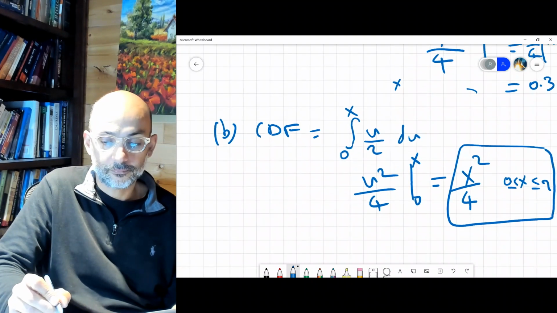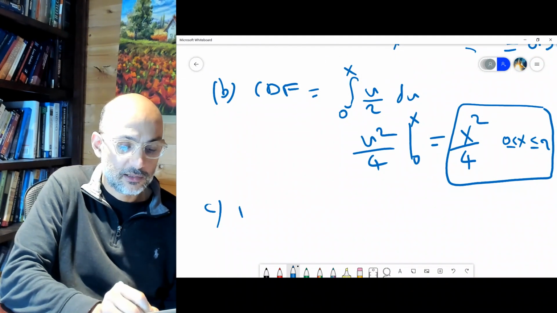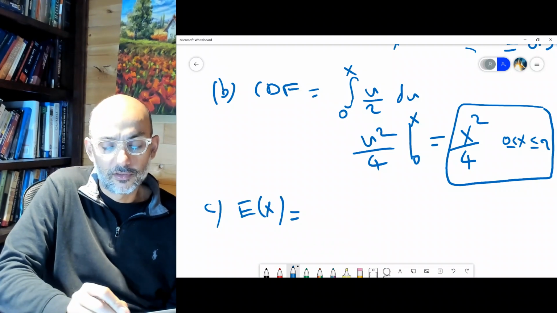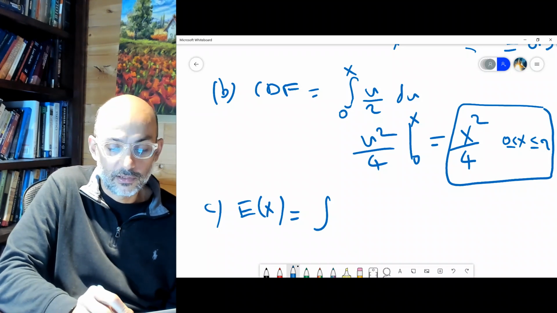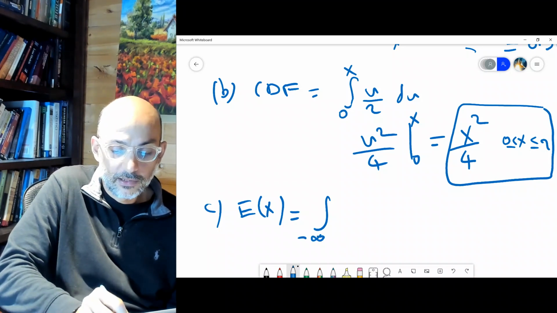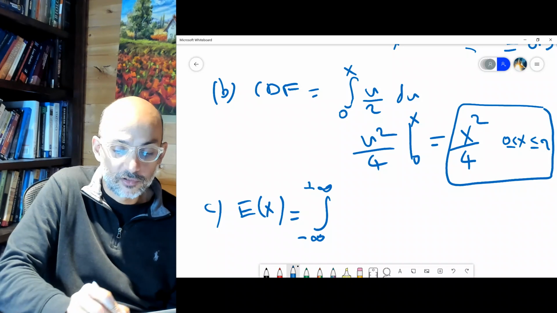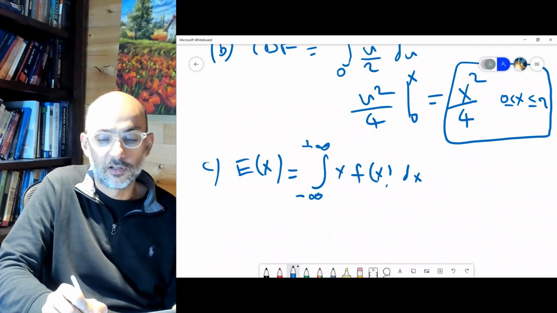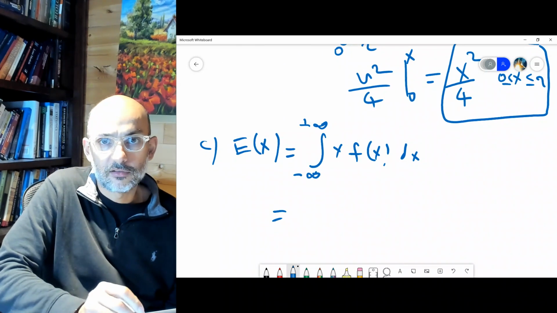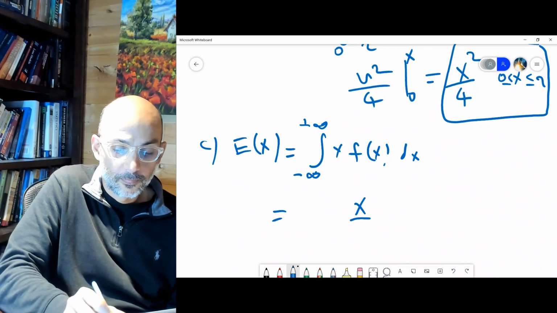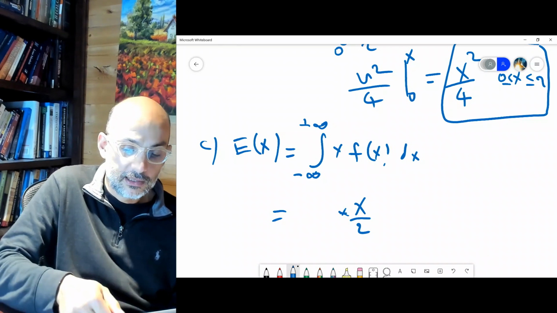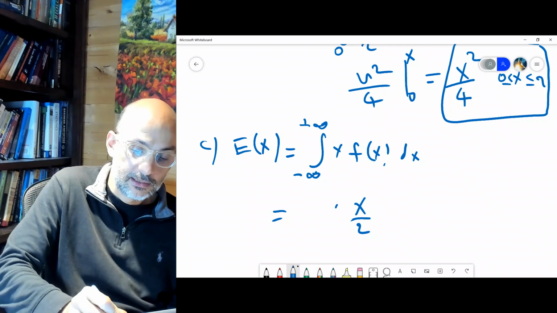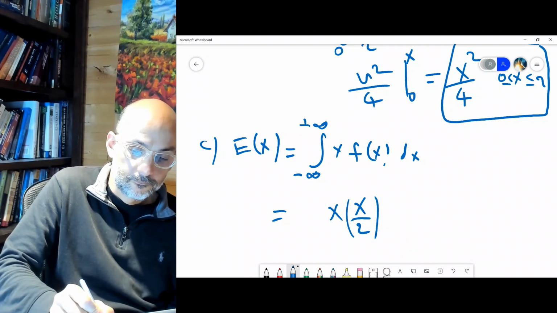Let's take the expected value of x, and the same definition, instead of summation for the discrete function. Now we do this one. Expected value in general form is from minus to plus infinity of x f of x dx, right? This is the general one. So for our case, remember, the function is x over 2, and we multiply it by x and dx.